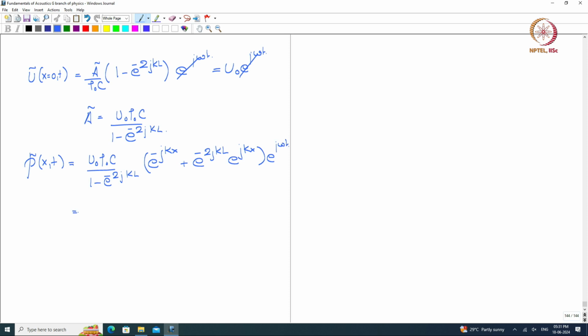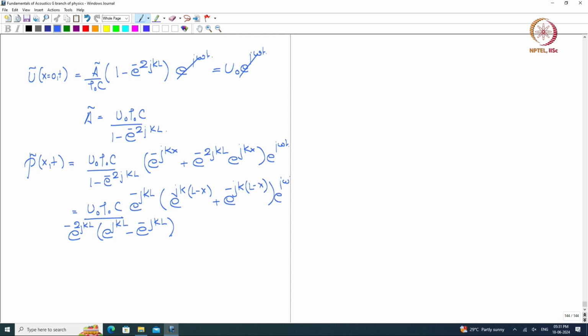Now for u0 rho 0 c, I take e to the power of minus 2jkl common, and I get e to the power of jkl minus e to the power of minus jkl. In the numerator I take e to the power of minus jkl common here, and I get e to the power of jk(l minus x) plus e to the power of minus jk(l minus x), times e to the power of j omega t.